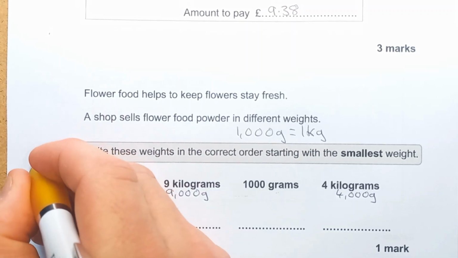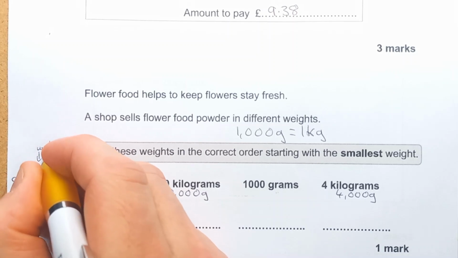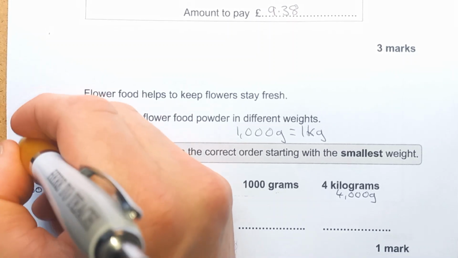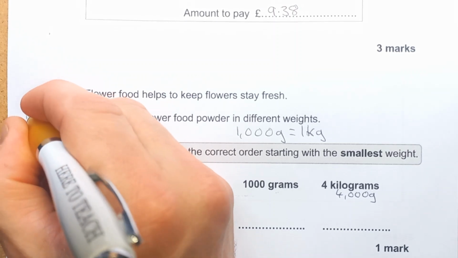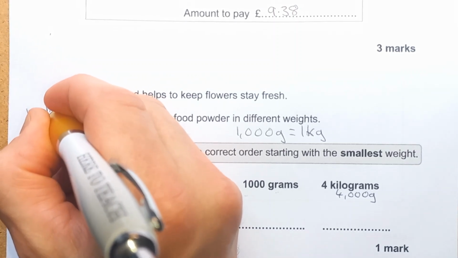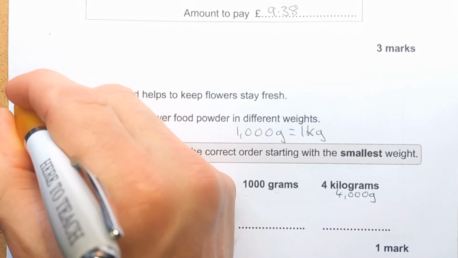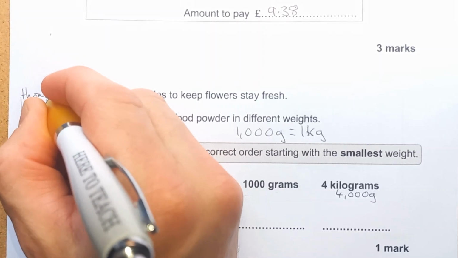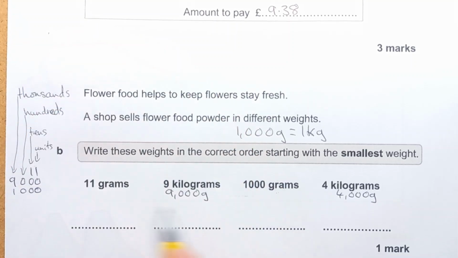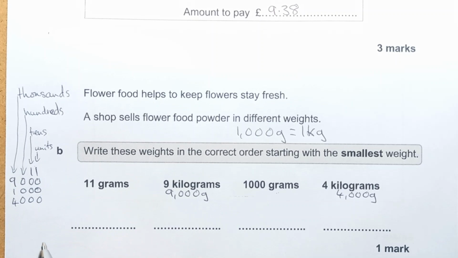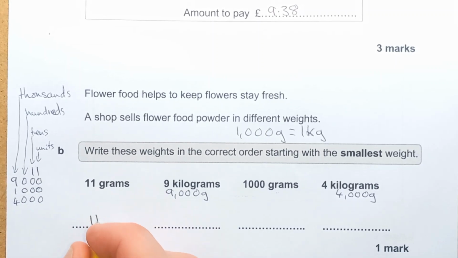So we've got our units here, our tens here, hundreds, and that's our thousands, and then finally we've got 4,000. So the smallest number is clearly going to be the 11.